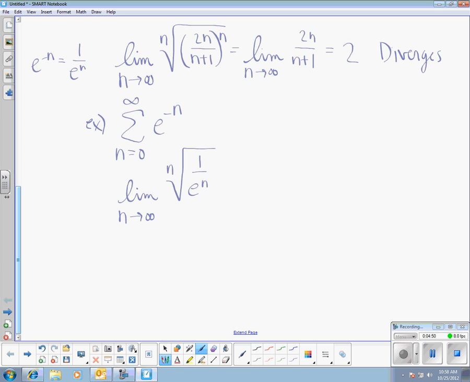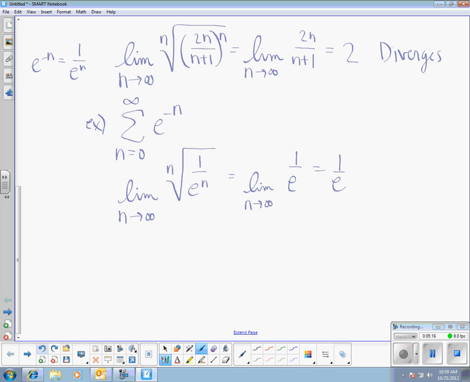That just makes both of my n's positive and makes it work out nicer. So I end up taking the limit as n gets big of 1 over e. The nth root of 1 is always 1. The nth root of e to the n is e. Now, this expression that's left doesn't have any n's in it. So no matter what n does, I always am left with 1 over e.